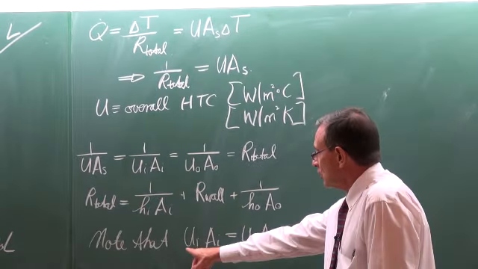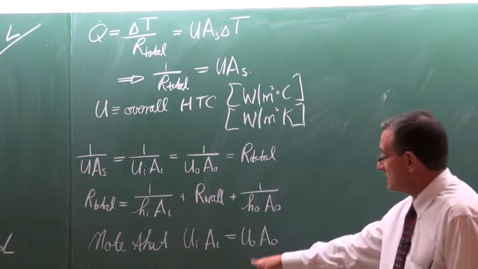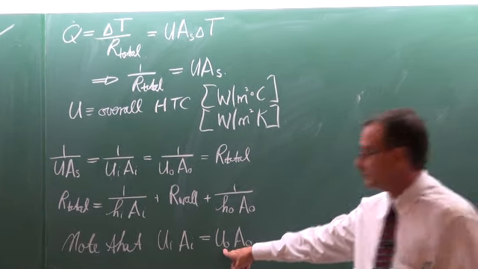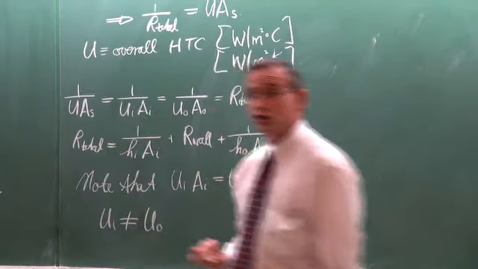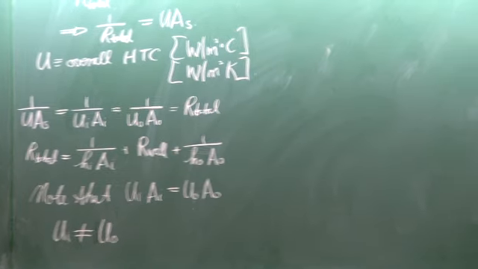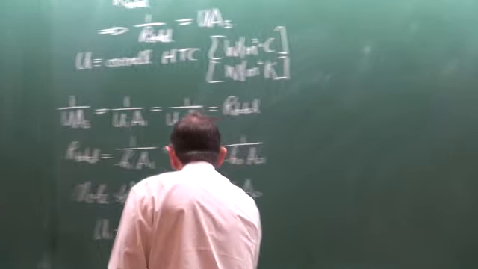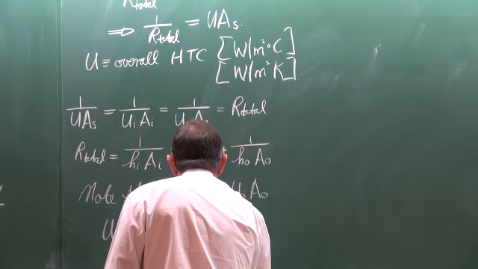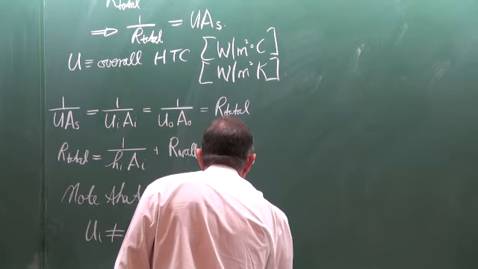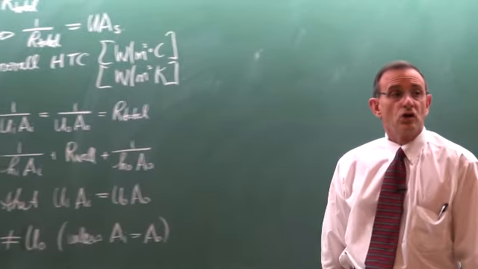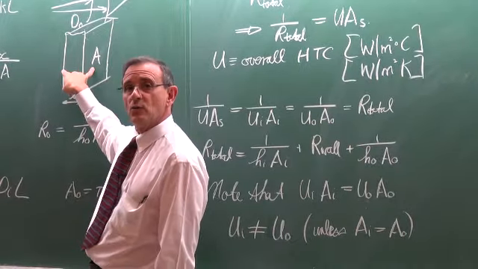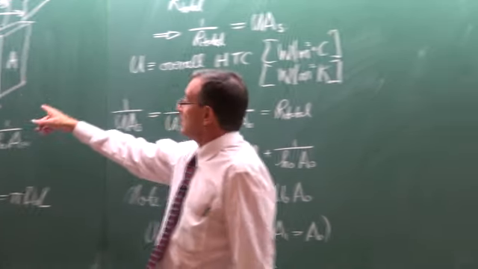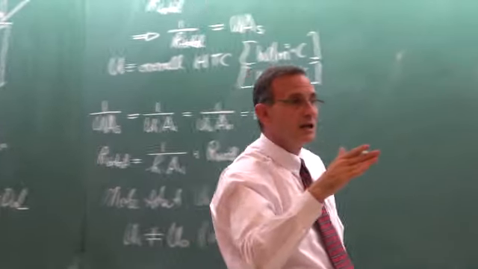So, in general, the overall heat transfer coefficient on the inside is not equal to the overall heat transfer coefficient on the outside, unless, in a very special case, the two areas are the same. For example, for the plain wall case where we have a plate heat exchanger, the overall heat transfer coefficient based on the inside area would be equal to the one based on the outside area.